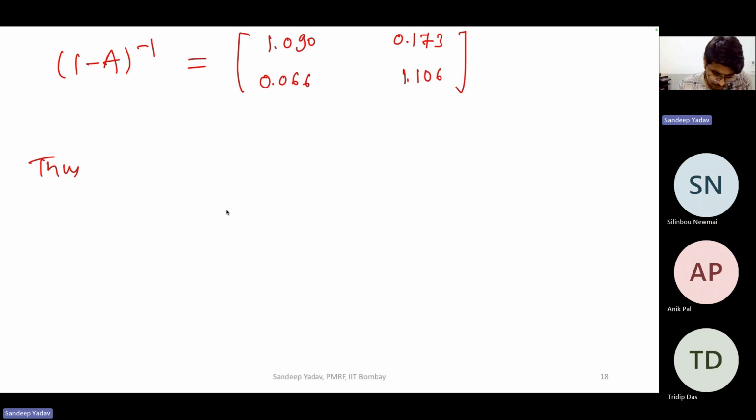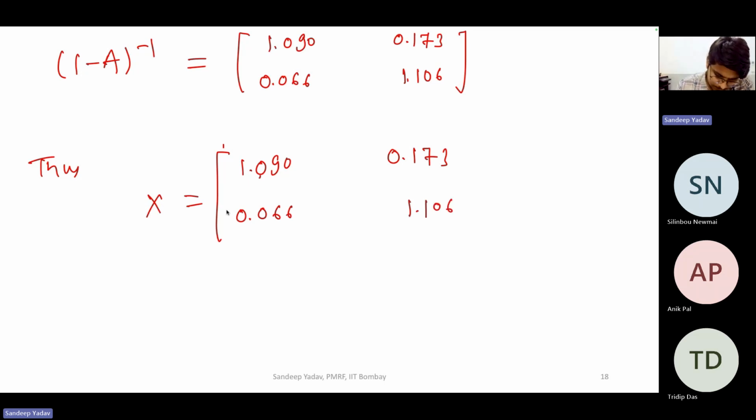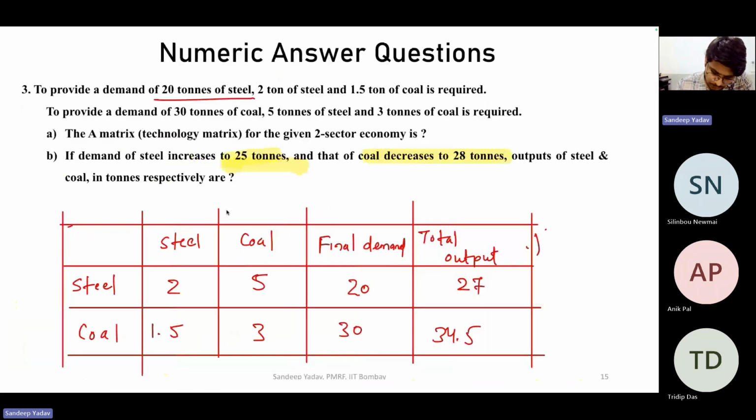Thus, finally, when we calculate, X would be 1.090, 0.173, 0.066, 1.106, multiplied by, as the question says, the demand increased to 25 and 28 tons.